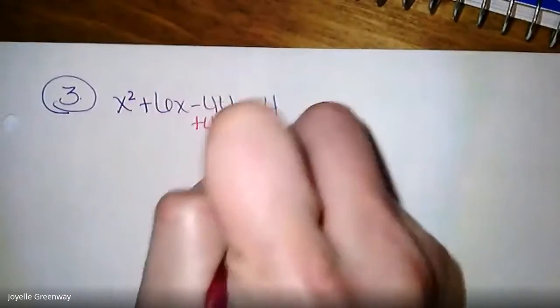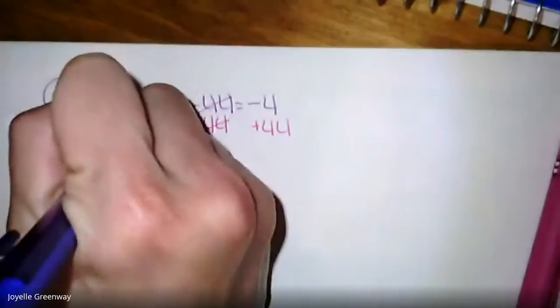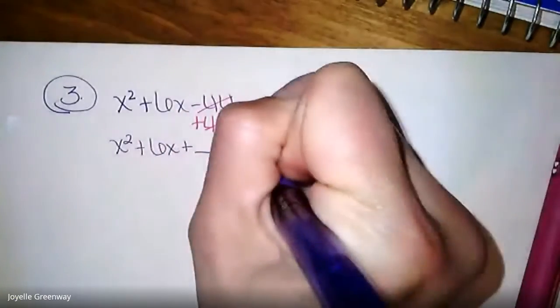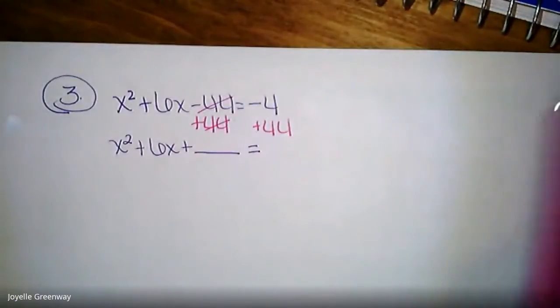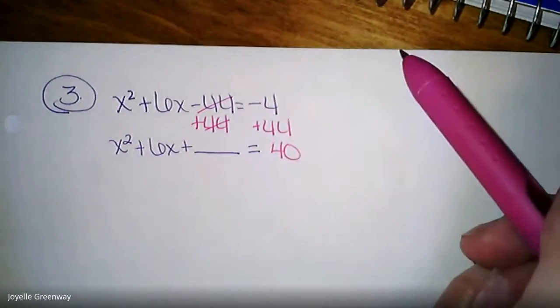So what I need to do is add 44 to both sides. So what I'm left with is x squared plus 6x plus blank equals 40, right? -4 plus 44 is 40.